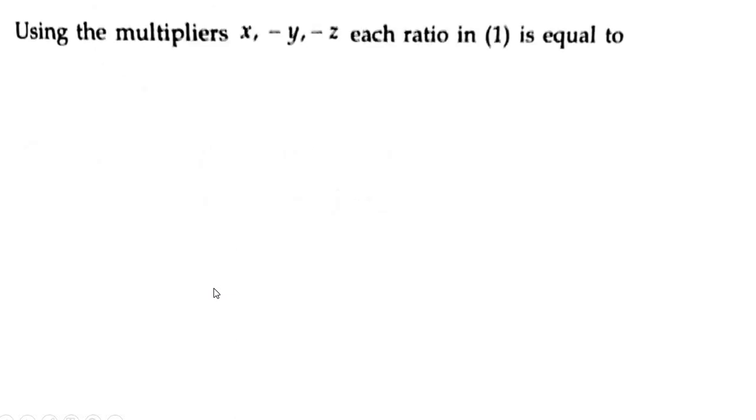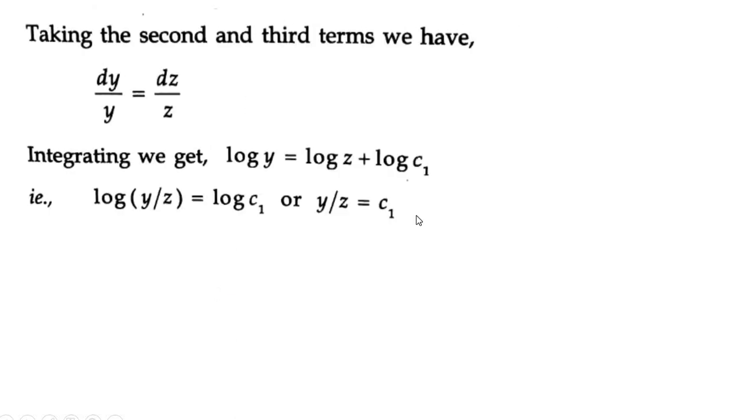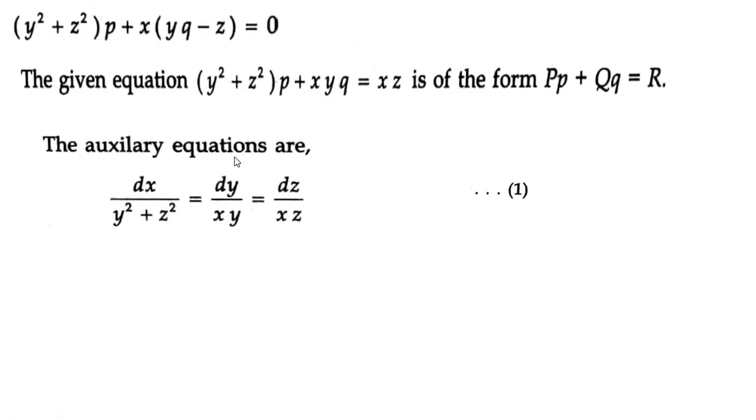Now, let me consider my first and the second term. Okay. So let me go back to my equation 1 now. What do you have here? dx by y square plus z square equal to dy by xy, right? So I'll choose my first multiplier to be x, okay, because you have xy here. I'll multiply this entire term with the x, and then I'll multiply this entire term with the y, and I'll multiply this entire term with the z.